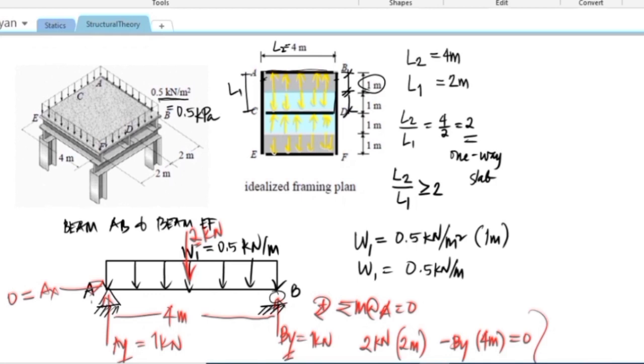If we look here at beam CD, the tributary loading, the length to be multiplied to our load, is equal to 2 meters, because that is the width of the floor area that it will support.